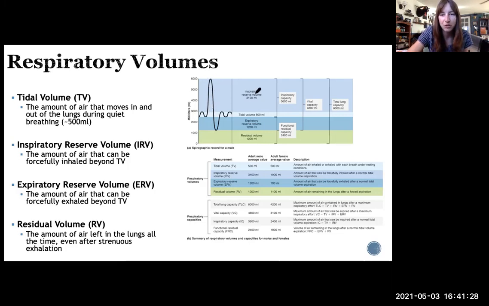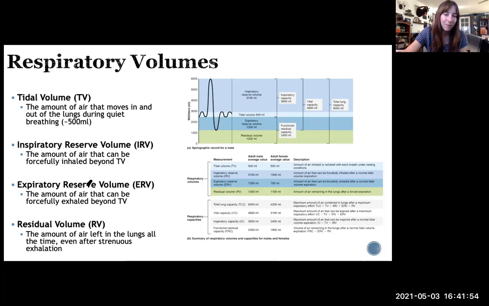The inspiratory reserve volume is between here and here, above and beyond how much you inhale normally when you're breathing calmly. The expiratory reserve volume is the opposite, right? So beyond what you normally exhale, how much you can exhale beyond that, okay? So that is this darker blue tealish color down here.